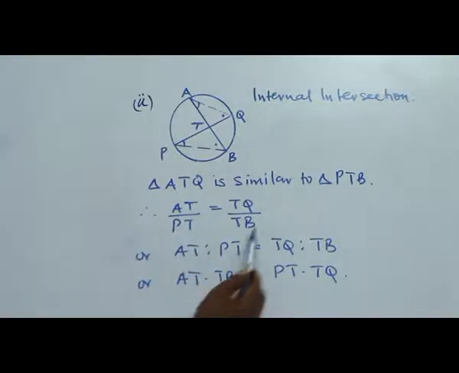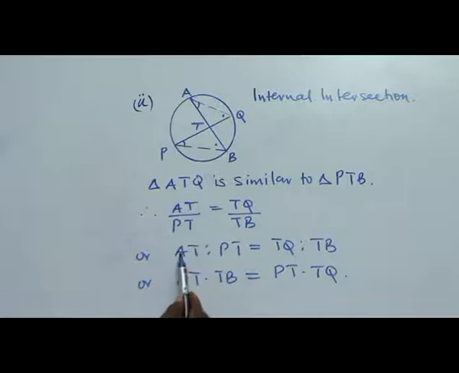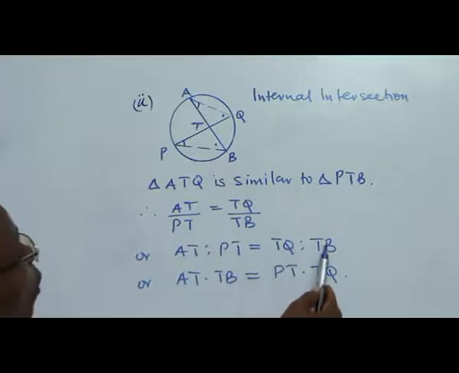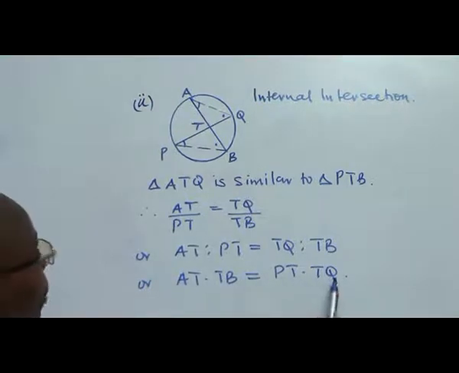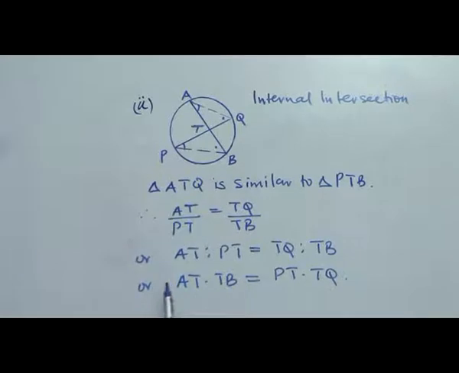But we are limiting ourselves to these two, which will give us the result that we need now. So this can also be written as AT ratio PT equal to TQ ratio TB. Or by cross multiplication, AT times TB equal to PT times TQ. This is the internal intersection.